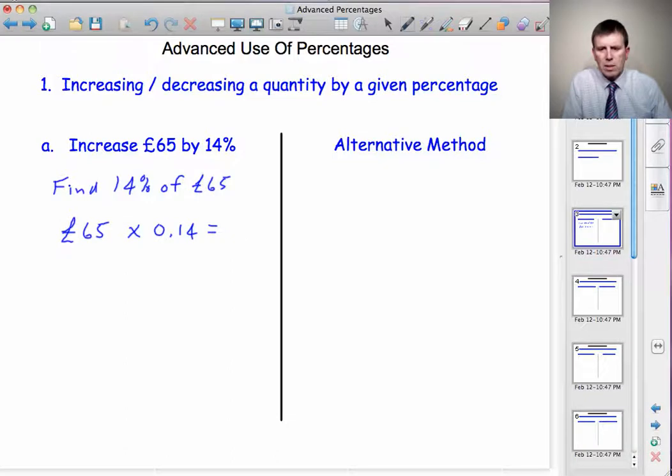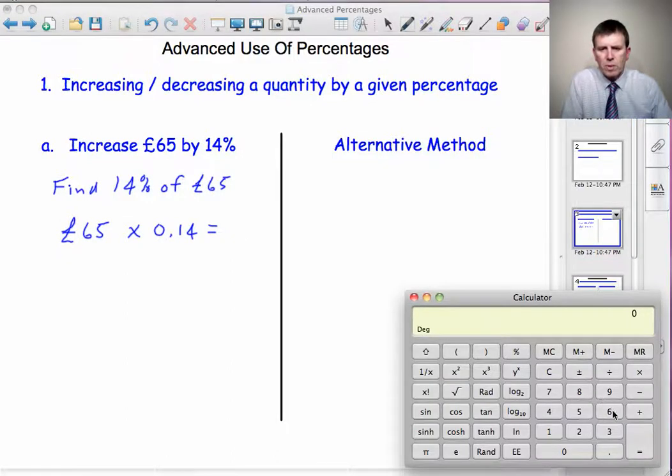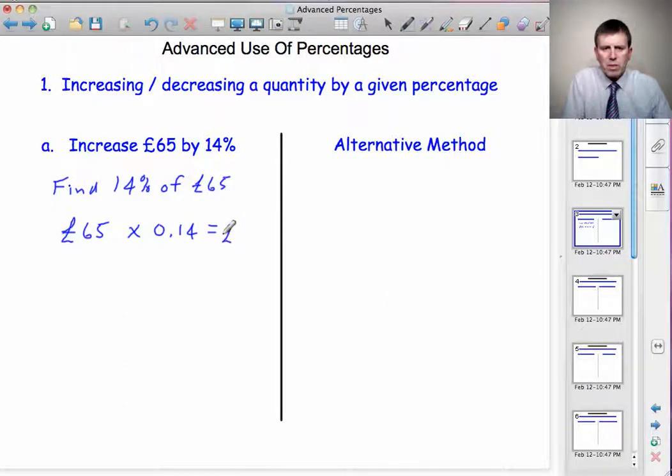We use a calculator to do that. 65 multiplied by 0.14 is 9.1, or as money, that's £9.10.